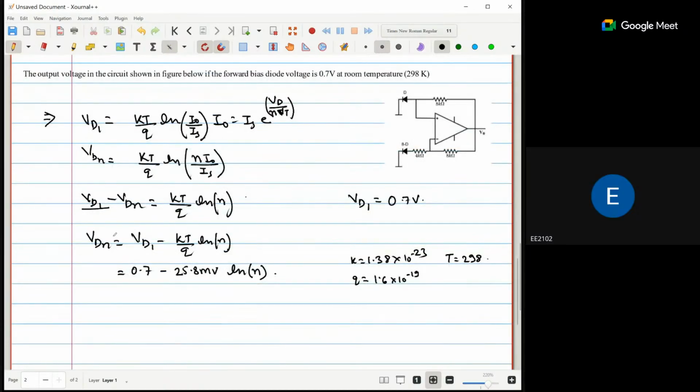So 0.7 minus 25.8 into 10 raised to power minus 3 into ln of 8.